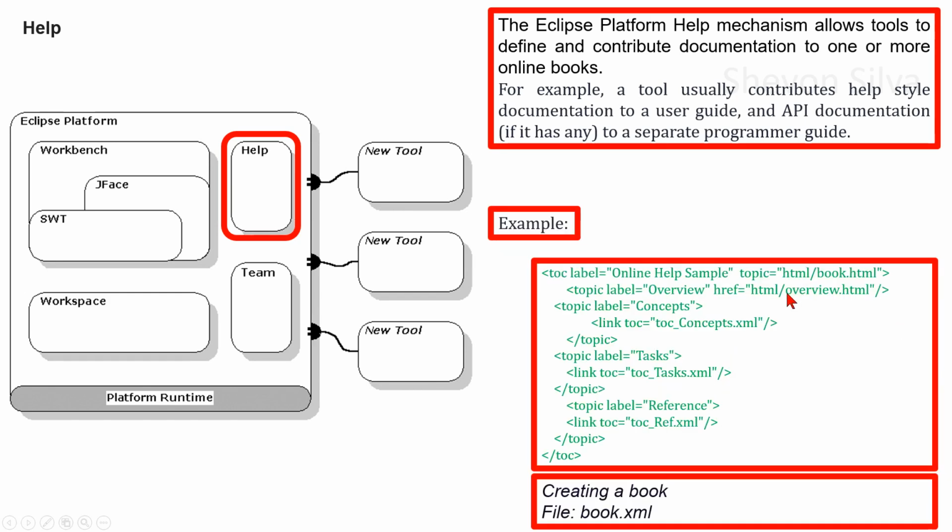As an example, we can consider this code for creating a book, and this file is books.xml. Here a book is just a table of contents. In fact, we could make a book out of each of the 3 TOC files here.